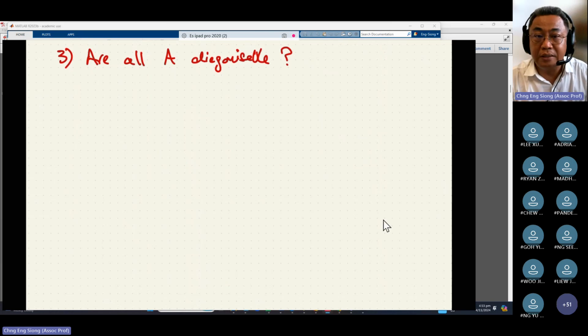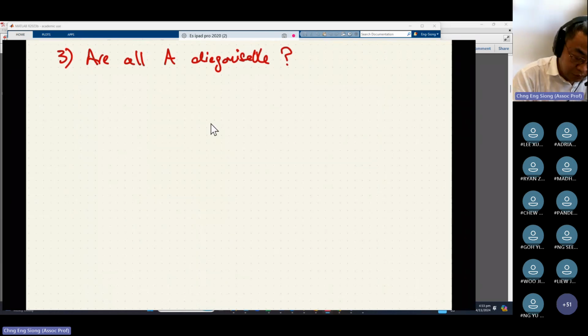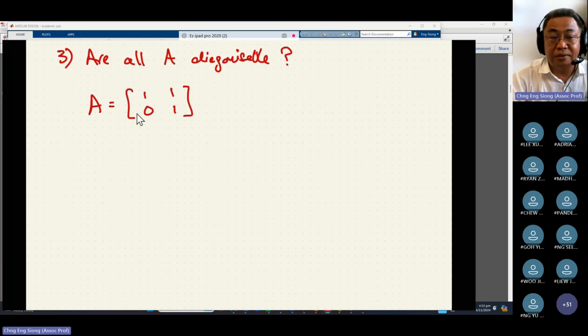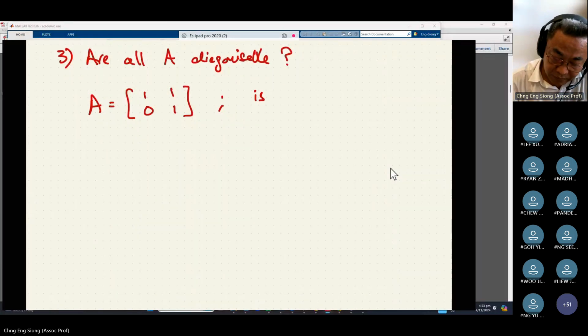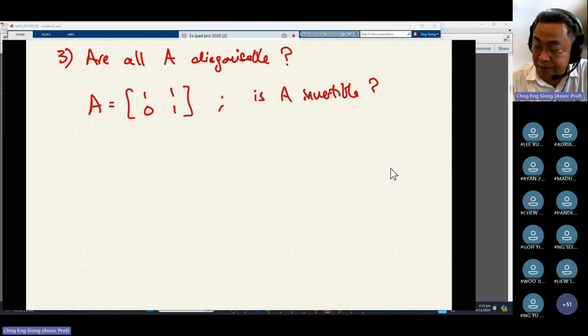So now the question is, are all A diagonalizable? So I'm going to give you A equals to 1, 0, 1, 1. This is very innocent, right? It looks very, very innocent. First, is it invertible, guys? Is A invertible? Yes, correct.